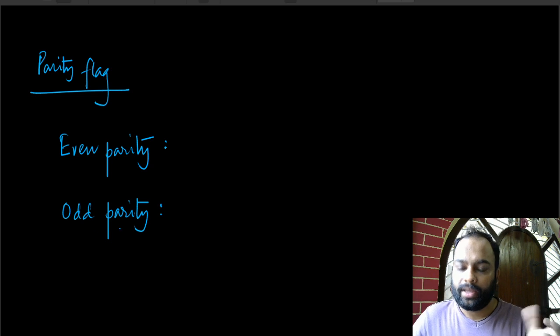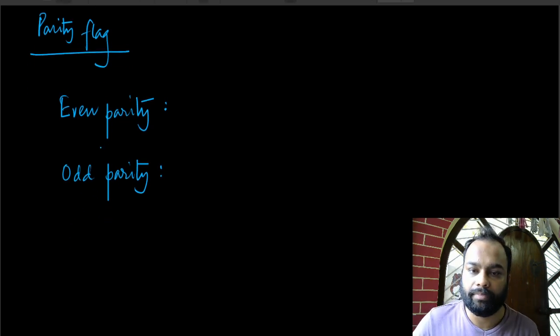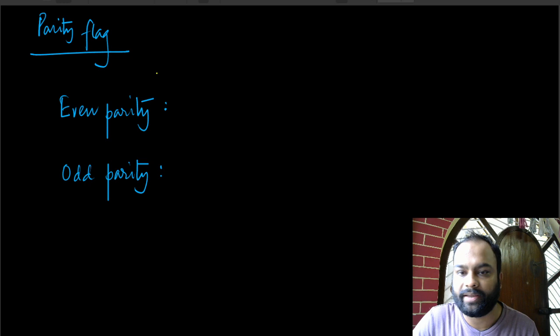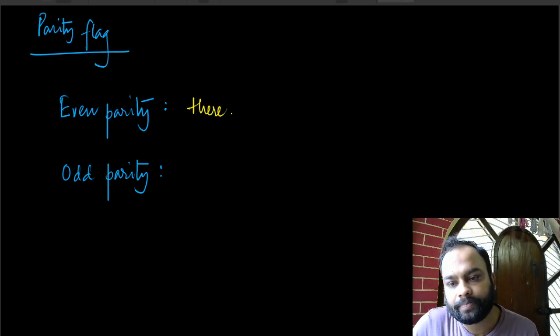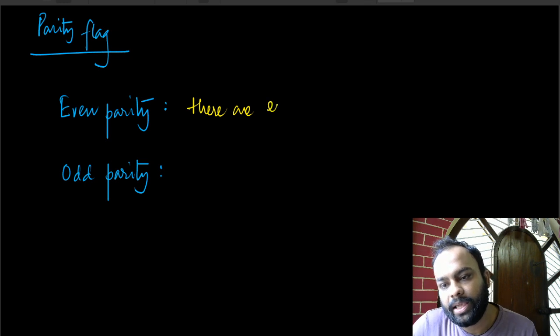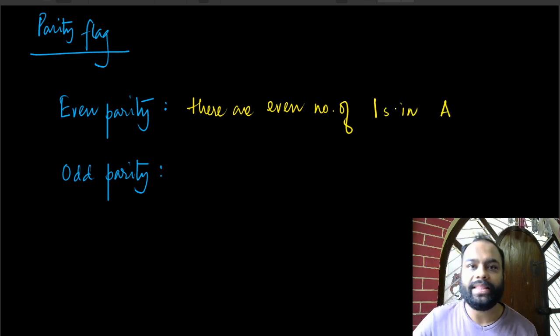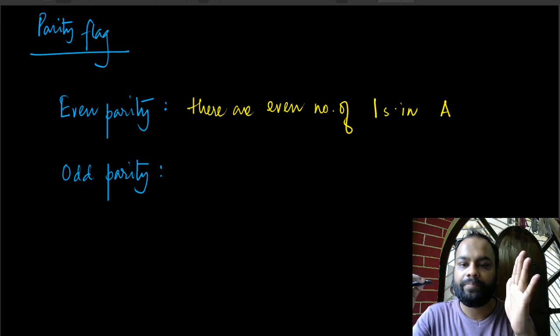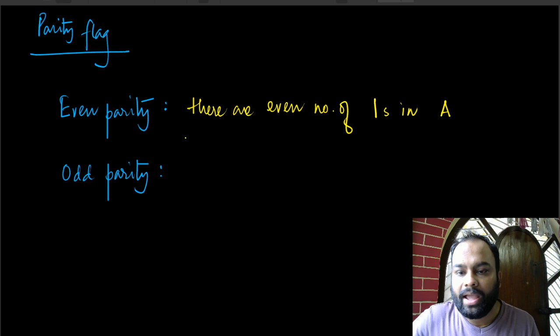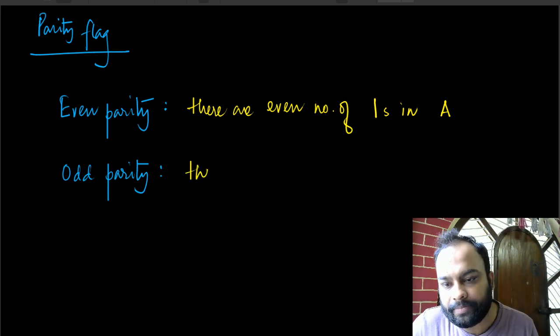We shall soon realize what I mean by error checking. Even parity means there are an even number of ones in the accumulator. So if there is an even number of ones in the binary representation, then it's called an even parity.